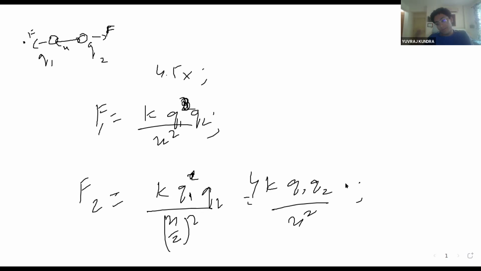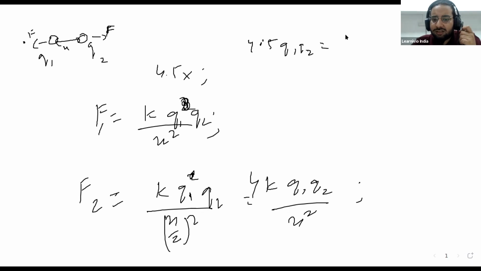Now I don't know how to proceed after this, because I couldn't get the ratio of Q1 upon Q2. Can you say that again? Which one, sir? (Q1 plus Q2) whole square, right?